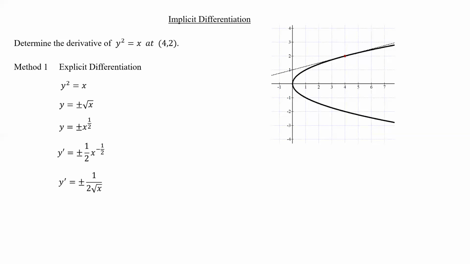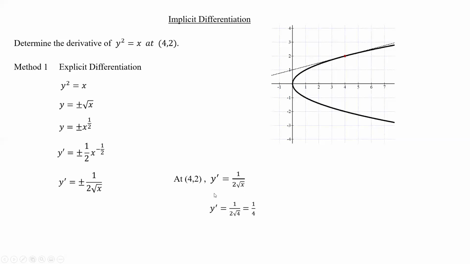We're finding the derivative at the point (4, 2). So after we simplify the derivative, clean it up and make it look nice, we realize that at (4, 2), we're looking at the positive root of x as opposed to the negative root of x. Therefore, the derivative is the positive 1/2 root x. At the point (4, 2), we'll plug in 4 for x.